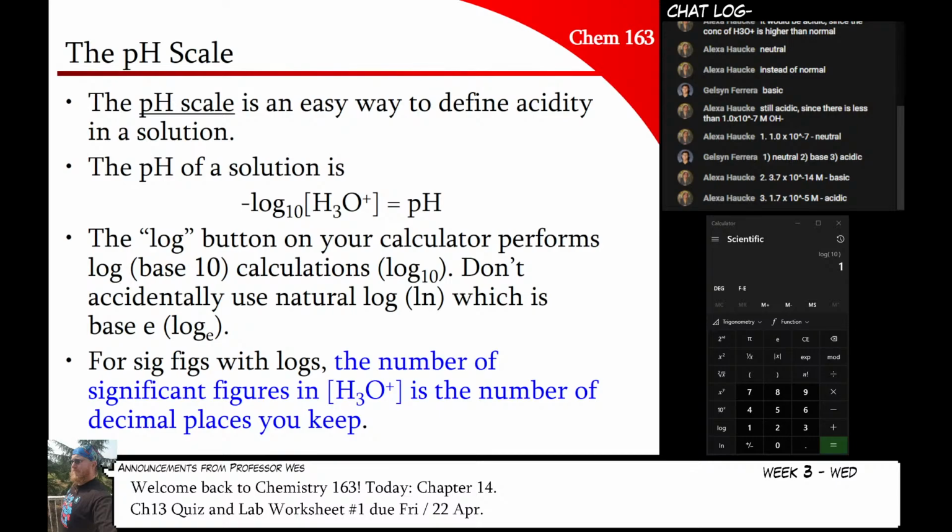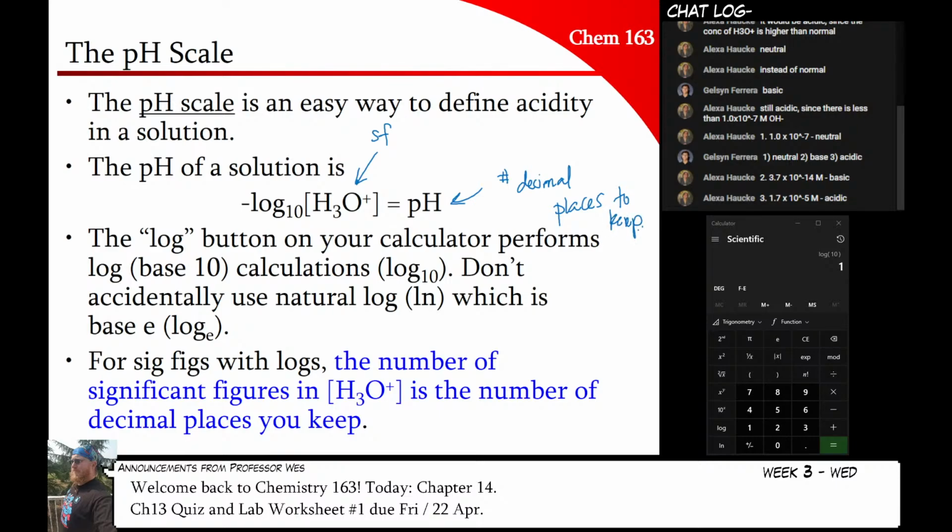The way that we do sig figs with logs is that when you take the log of something, however many sig figs are in the number that you input will be the number of decimal places that are kept.